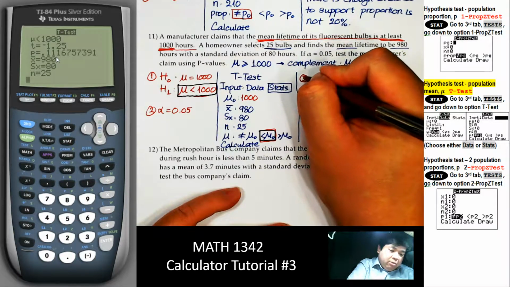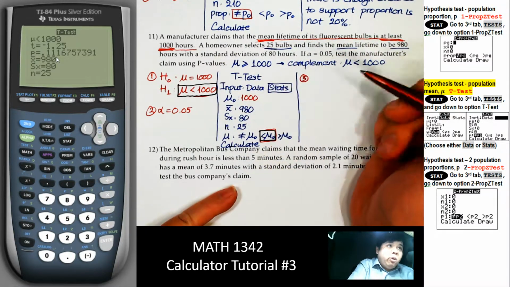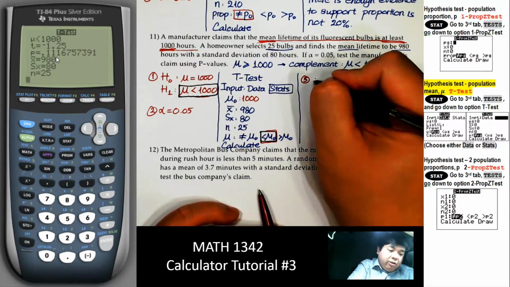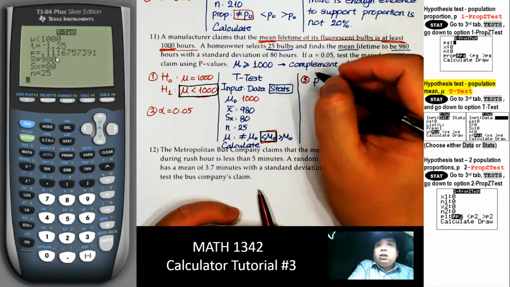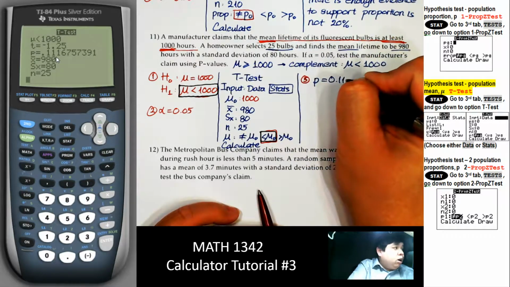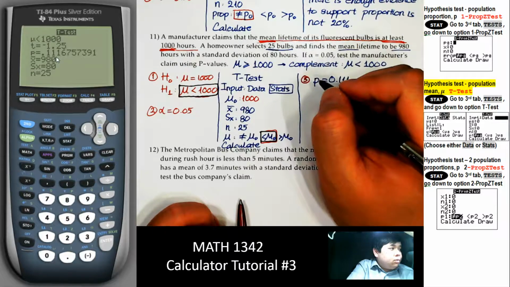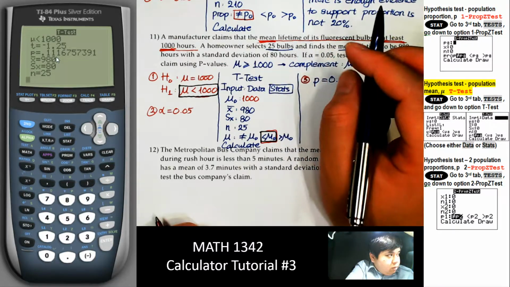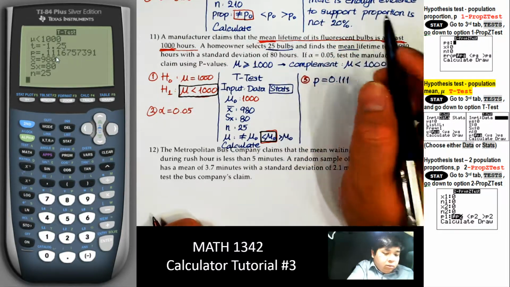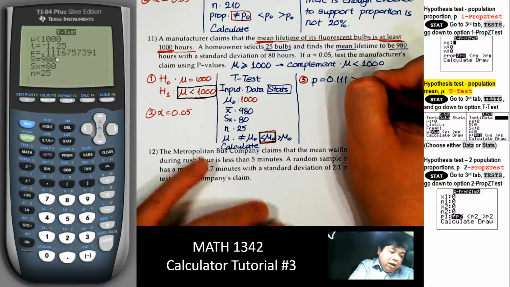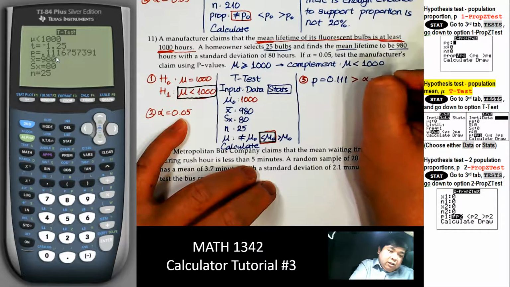Sorry, this is step number 5. This is 3 and 4. We have the p-value, on the calculator, 0.111, and that is bigger than alpha.